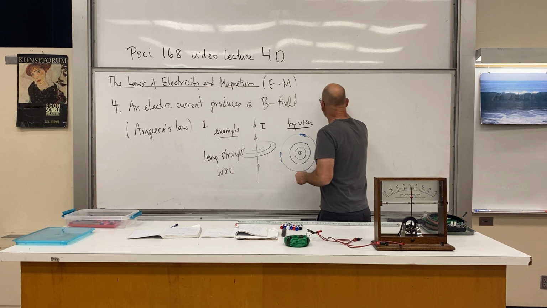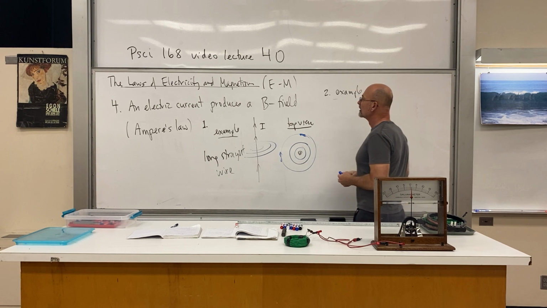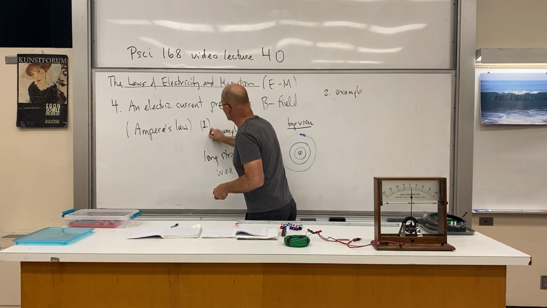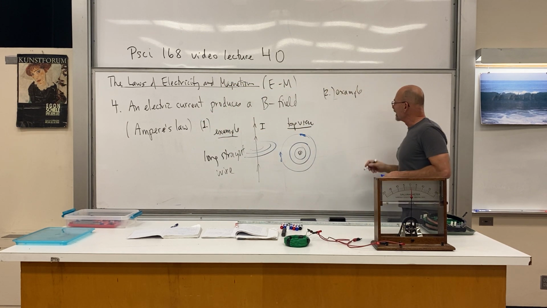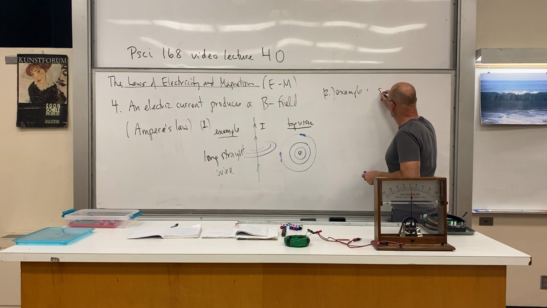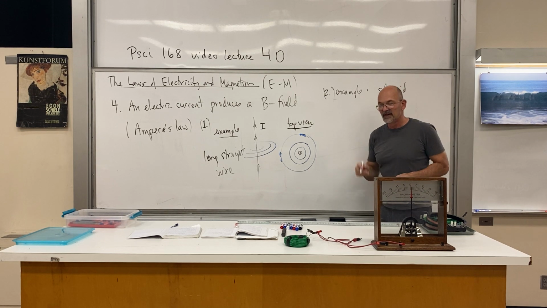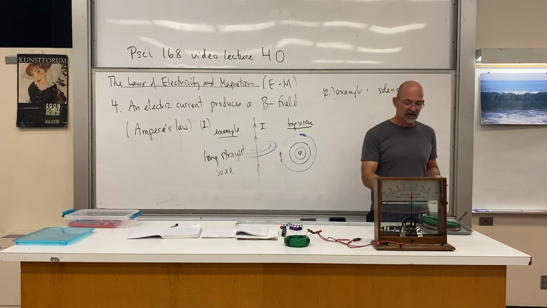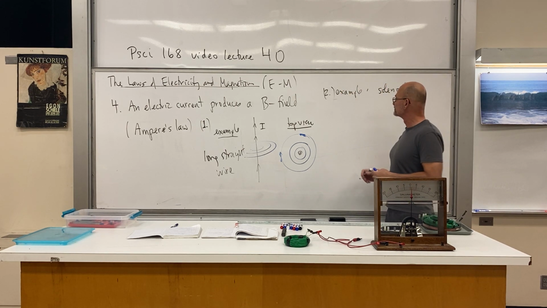The second important example, actually, this is 1 and 2 in parentheses, right? Because our next line is going to be 5. The second example is called a solenoid. And that just means a coil of wires. In fact, it could be a long skinny one, or it could just be a bunch of wires wrapped up in a coil like this.